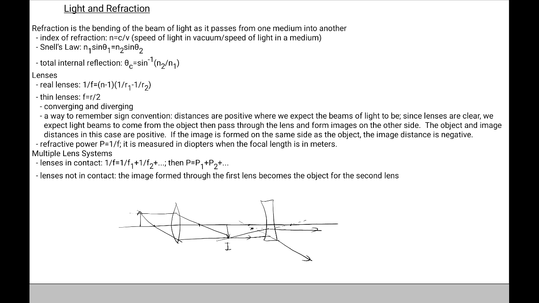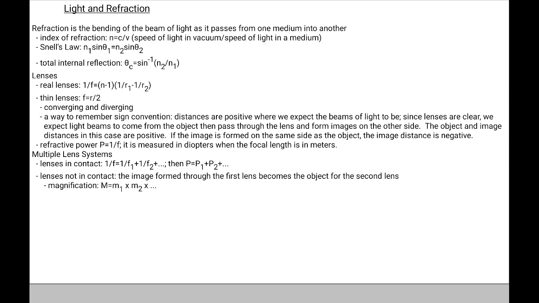So that's how we have a combination of lenses, and the image from the first lens becomes the object for the second lens, and then this would be the final image of the combination. The magnification for the combination of lenses is magnification of lens 1 times magnification of lens 2 times the magnification of lens 3, or however many lenses we have.